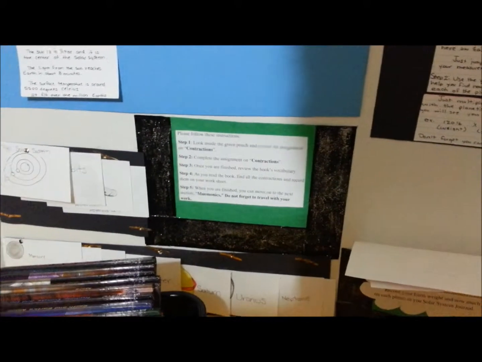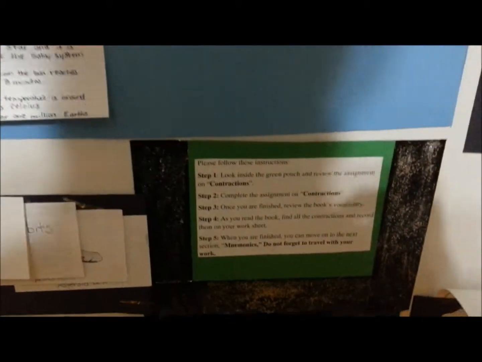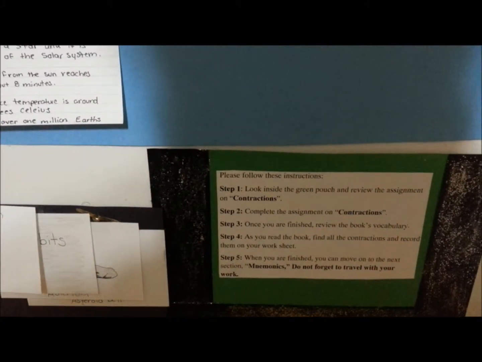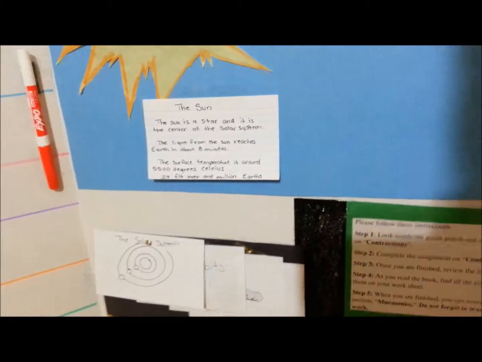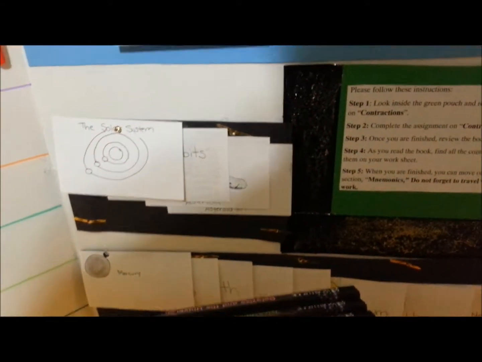Once they have done that, they will complete the first half as a review, which will be in their instructions. Then they can explore the different vocabulary words that are part of the book from this area.